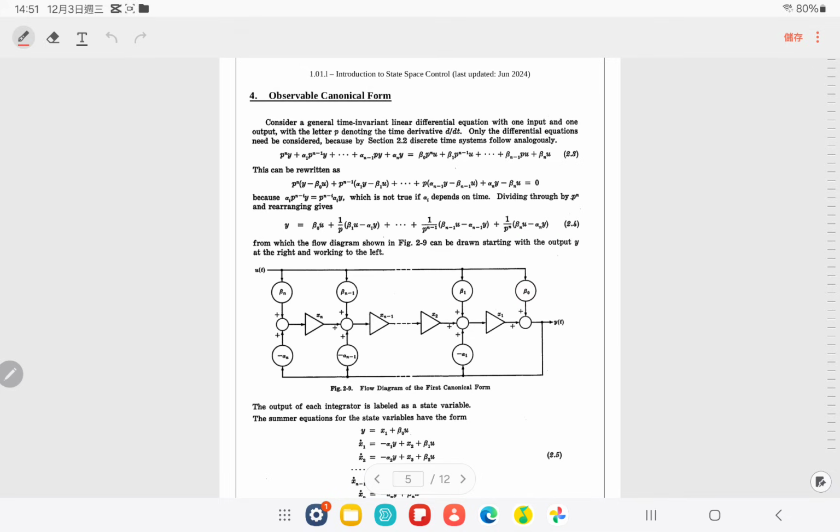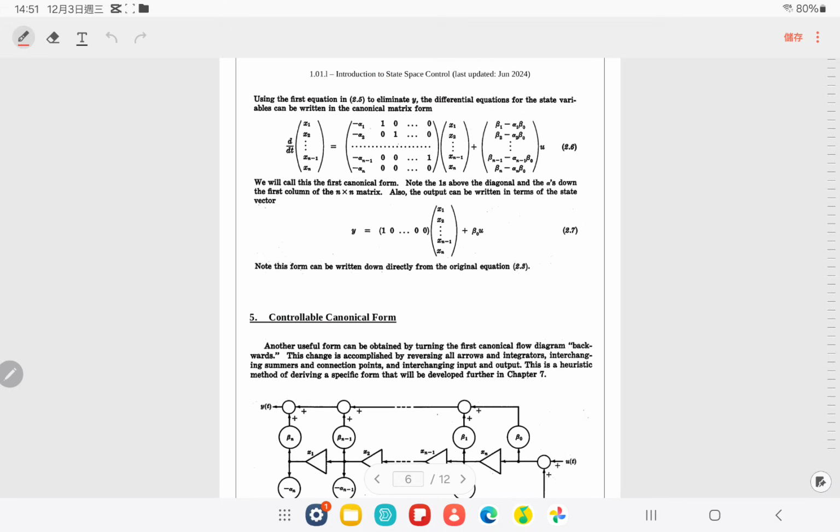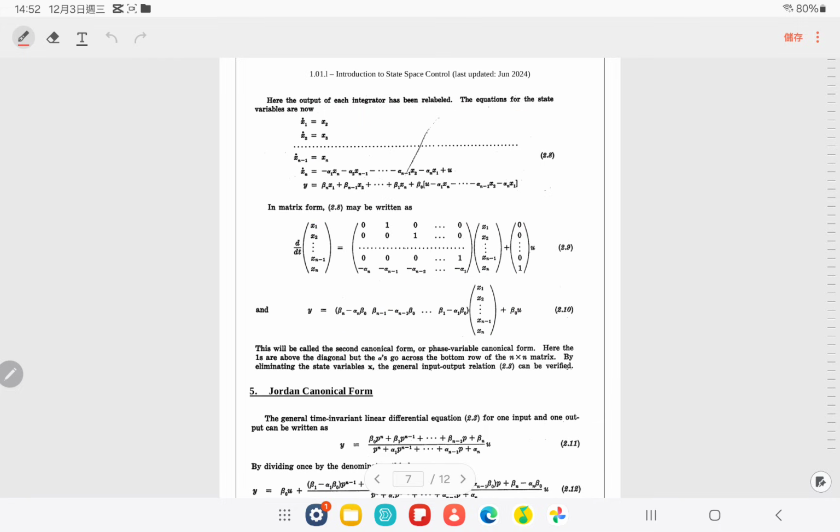First, you need to know what is observable canonical form, and the observable canonical form has this equation. The next thing is you need to know what is controllable canonical form, and what is the difference between controllable canonical form and observable canonical form.